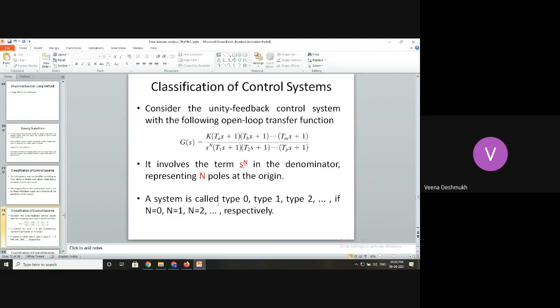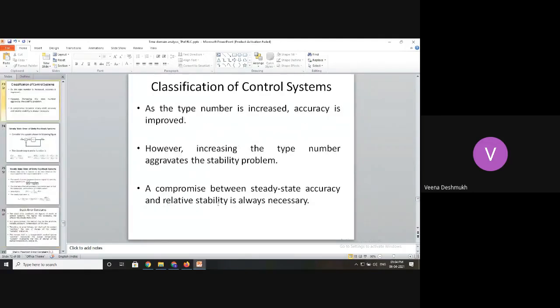Now, already we have discussed the control systems and the closed loop and open loop control systems in signal conditioning.